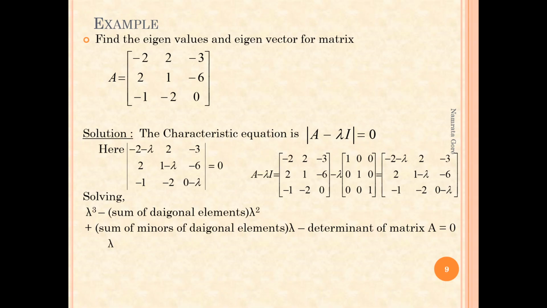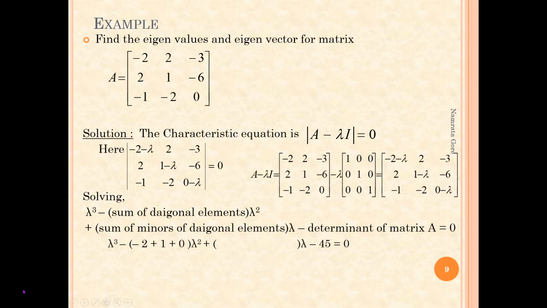Let's proceed. So the very first value is lambda cube as it is, minus (-2 plus 1 plus 0), which are the diagonal elements, and -45 is the determinant of the matrix calculated from the calculator. Now our job is to find the sum of the minors of diagonal elements.